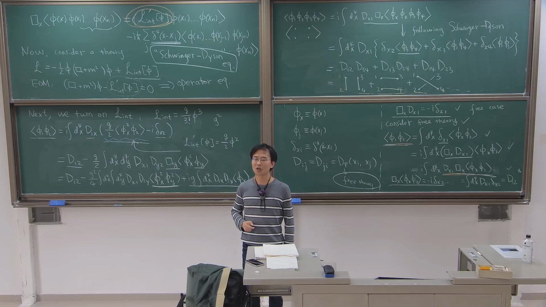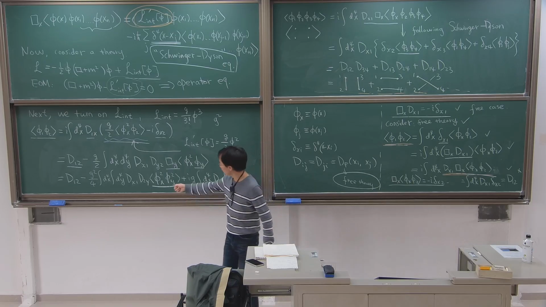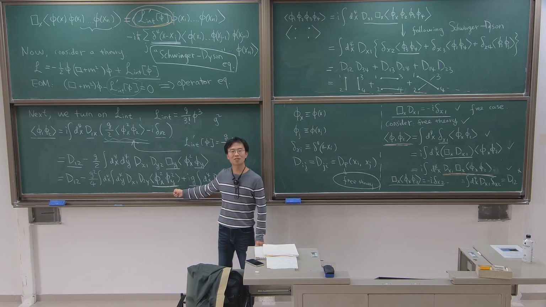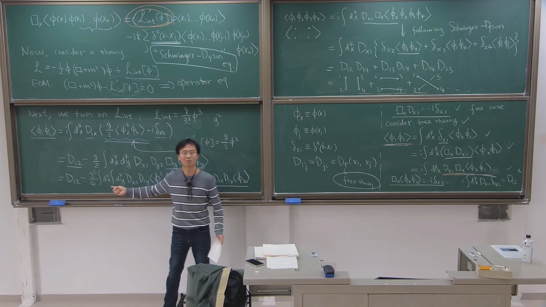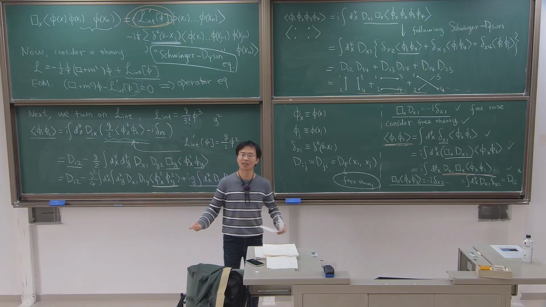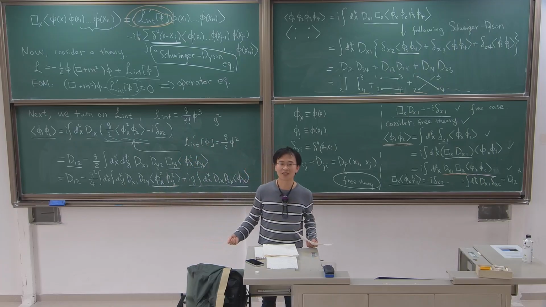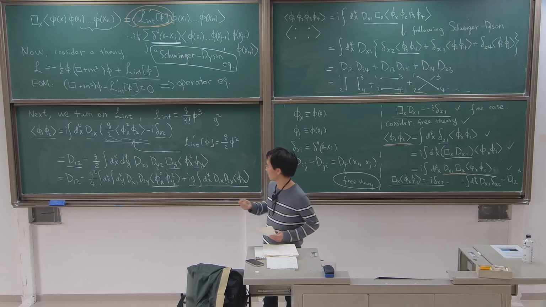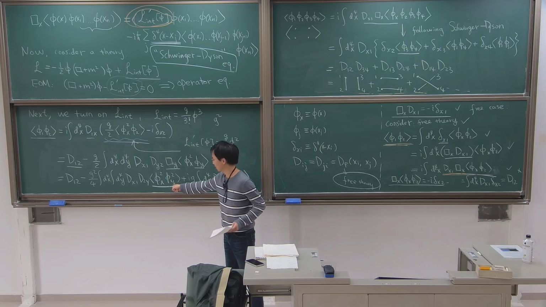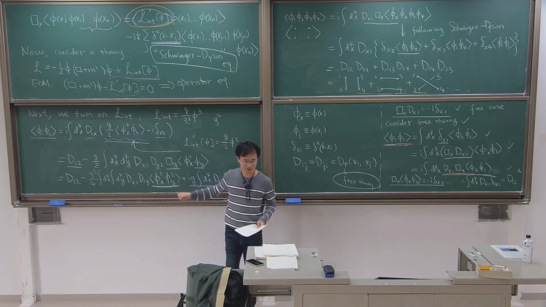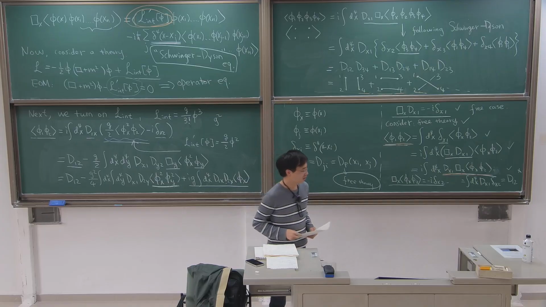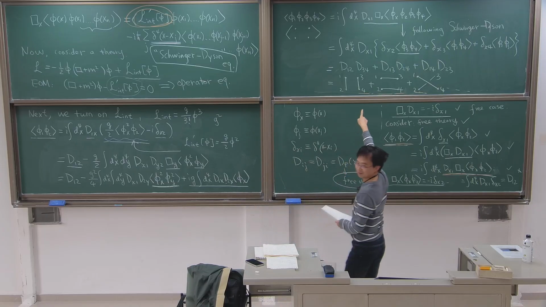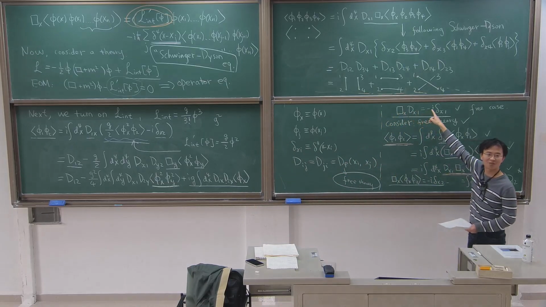The reason is because otherwise you will get more couplings here, which give you higher orders, but for those higher orders you don't care. So you only care about the g square orders, which means you can approximate this by free theory. So what is the free theory result for this object?